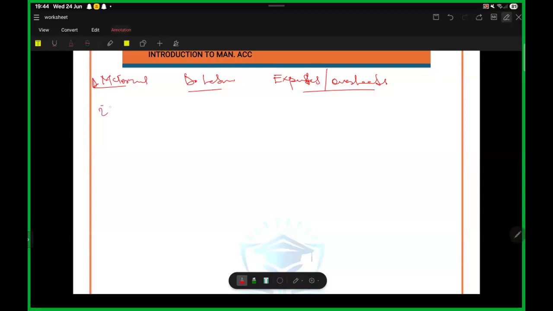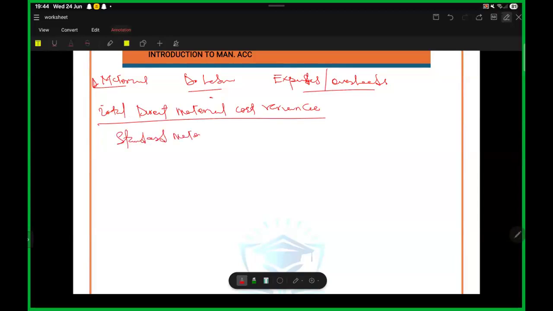We can find the total direct material cost variance. It is given as your standard material cost minus your actual material cost.